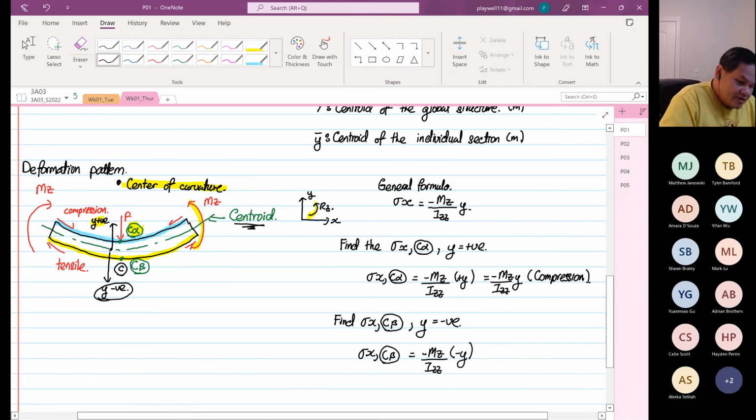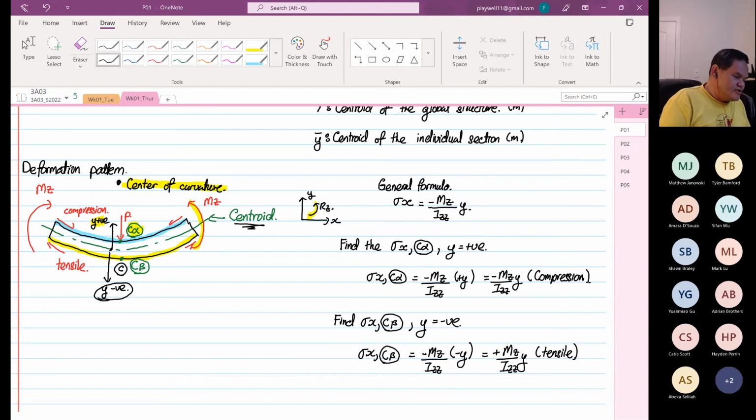Negative multiplied by negative becomes what? Positive. So this is in tensile. Okay. Now, in this course, I have a better way of doing this.